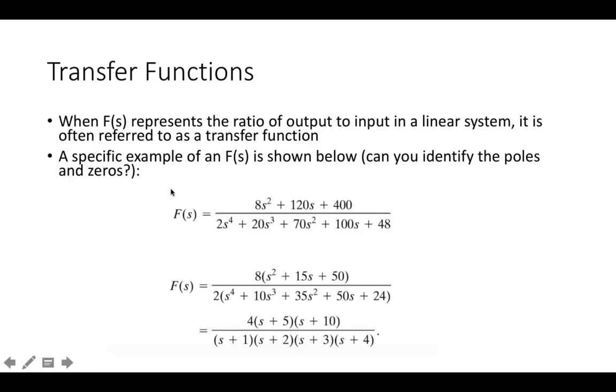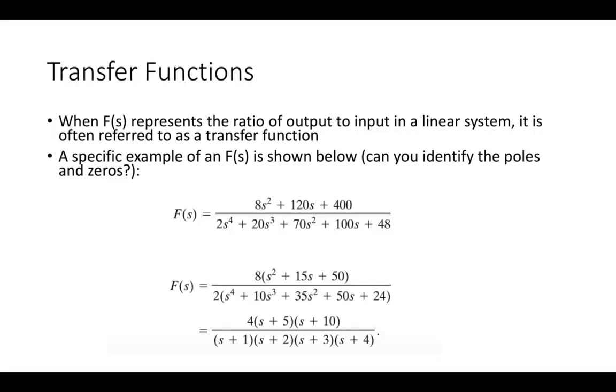So here's an example. This f of s here is a function in the Laplace domain, and so you can see that as we simplify that, we factor out the 8 from the numerator and we factor out the 2 from the denominator. That's going to simplify to 4, and then you can see in the numerator we have 2 roots.